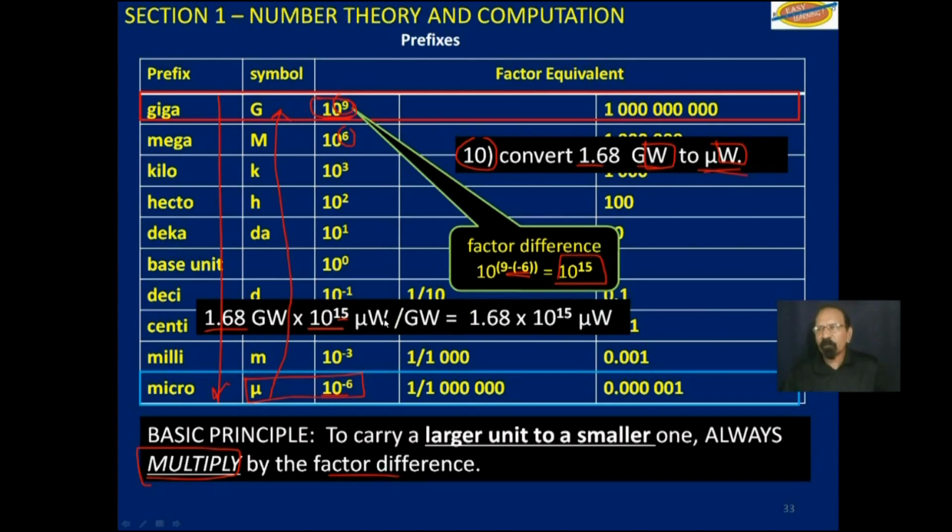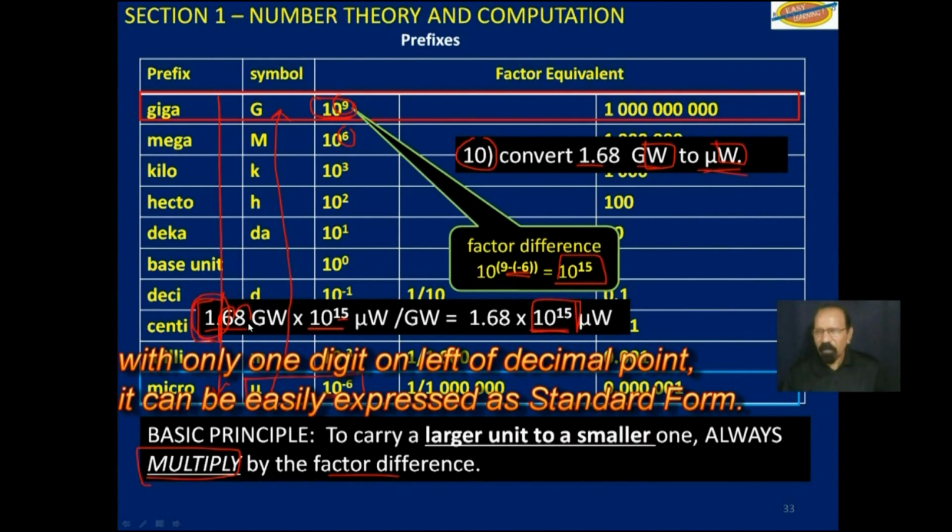So you shift the decimal point 15 places. That 6 will take 1, that 8 will take 1, and you add 13 zeros. Well, instead of that, just put times 10 to the 15th power, because this already has just 1 digit in front of the decimal point. So 1.68 times 10 to the 15 microwatt.